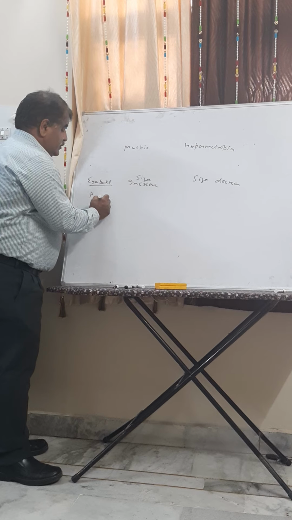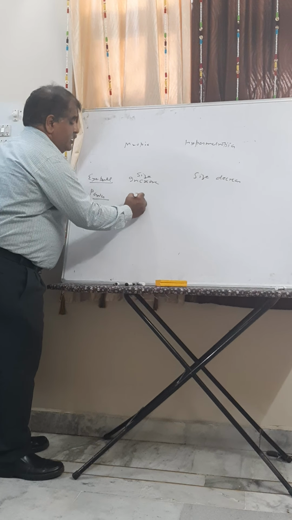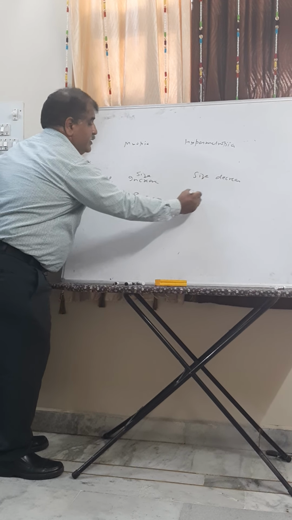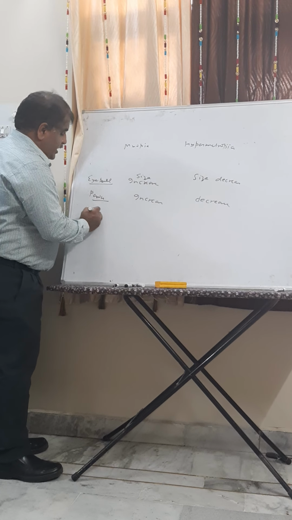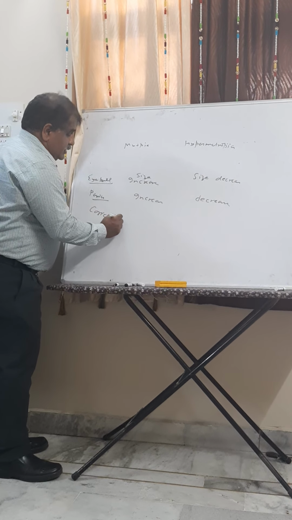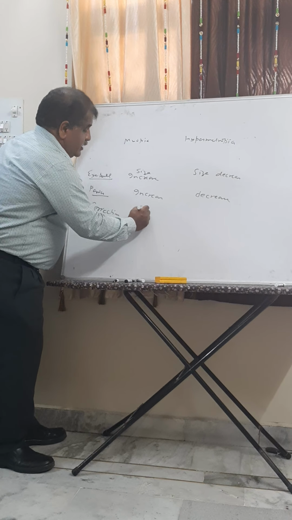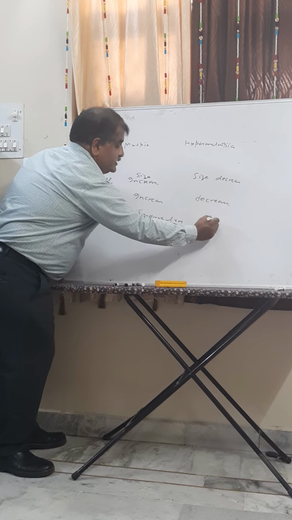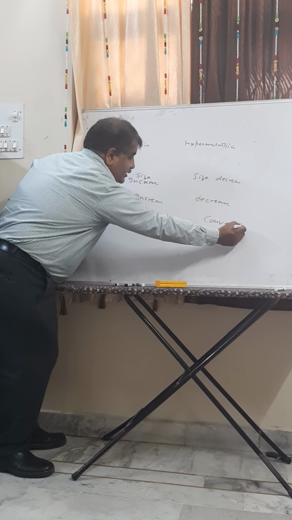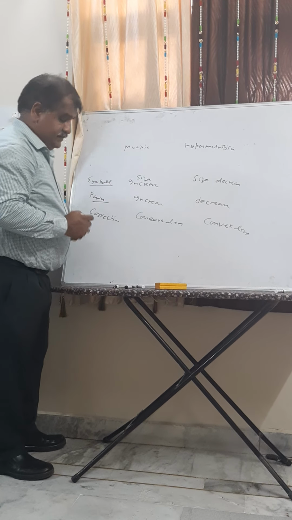Power here increases, here decreases. How can we do correction? Correction can be done by concave lens in myopia. It is done by convex lens in hypermetropia.